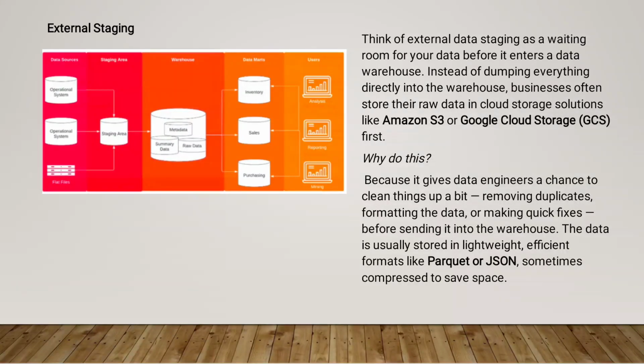Because it gives data engineers a chance to clean things up a bit, removing duplicates, formatting the data, or making quick fixes before sending it into the warehouse. The data is usually stored in lightweight, efficient formats like JSON, sometimes compressed to save space.